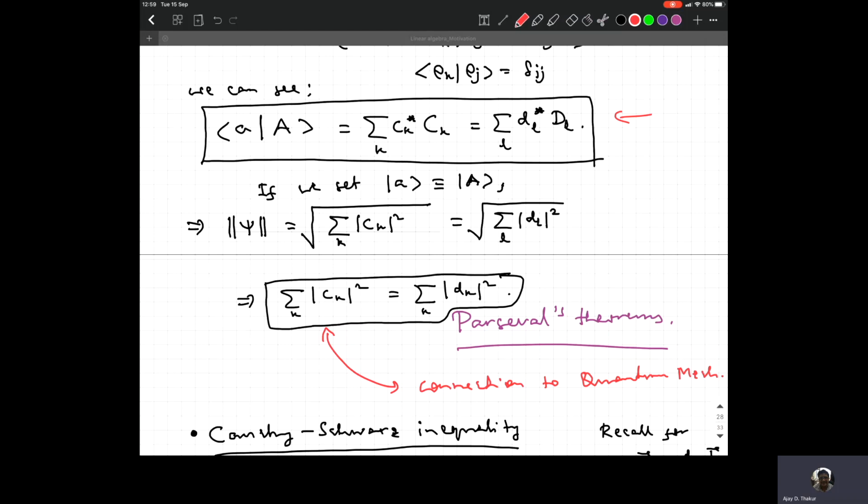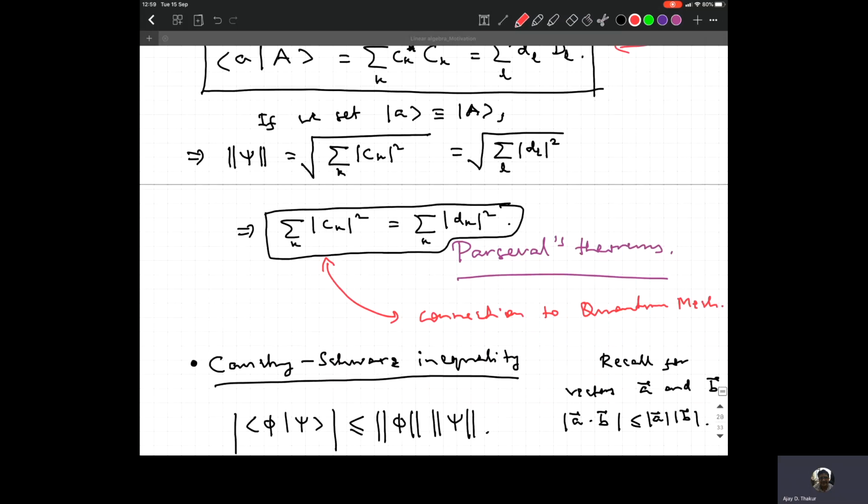And this again has an interesting connection to quantum mechanics when we are talking about conservation of probabilities. The object has to exist in one of the states eventually, and the sum over probabilities of its existence in various states is supposed to be independent of the basis used.